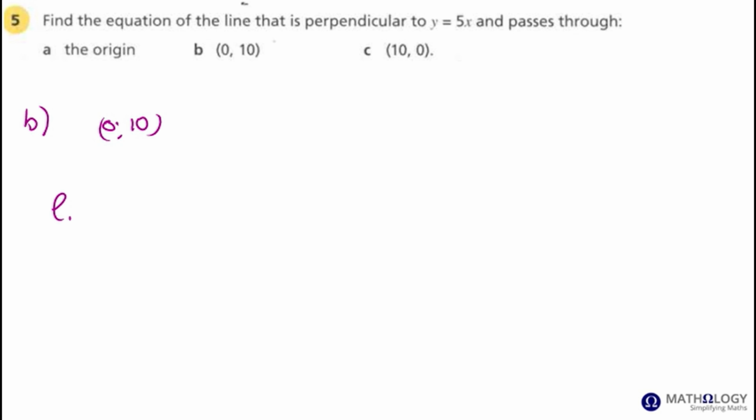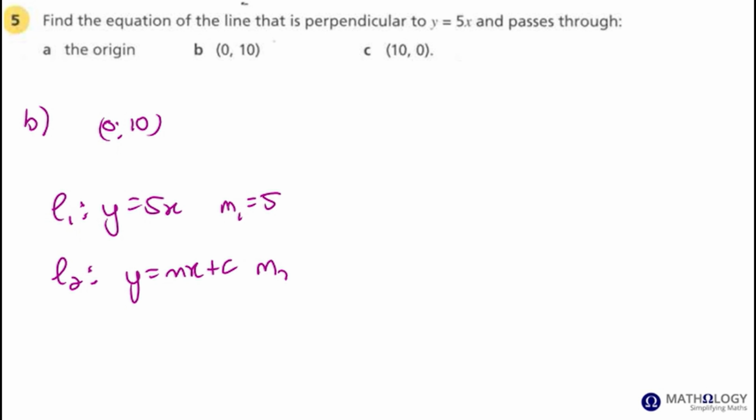Okay, line 1 has equation y equals 5x. Line 2, y equals mx plus c. The gradient of line 1 is 5. The second line is perpendicular to the first line, which means that the gradient of line 2 is the negative reciprocal of 5. So it's minus a fifth.